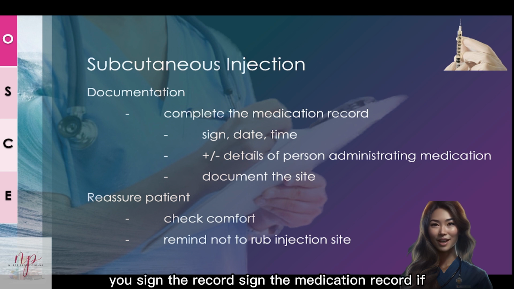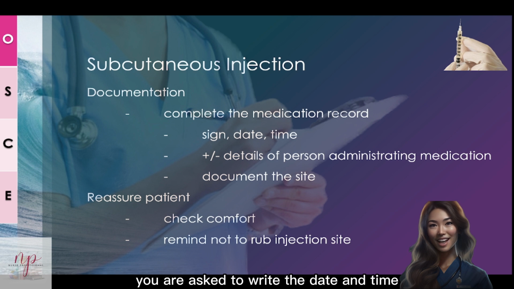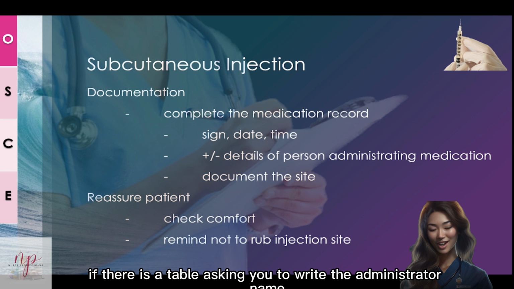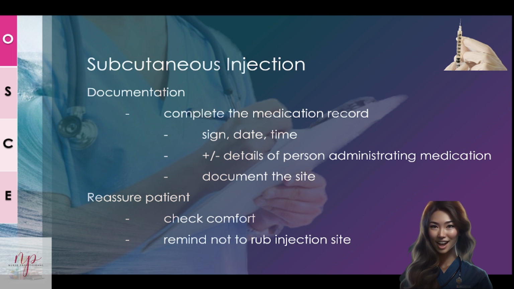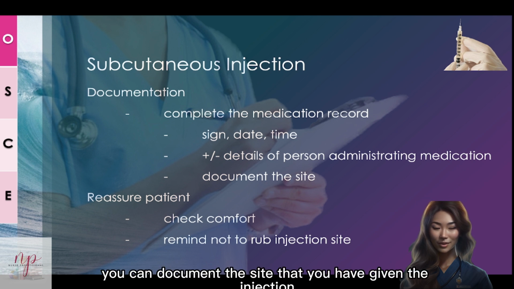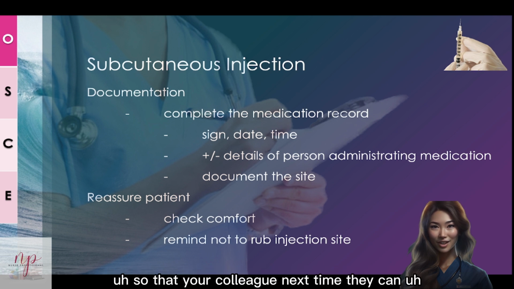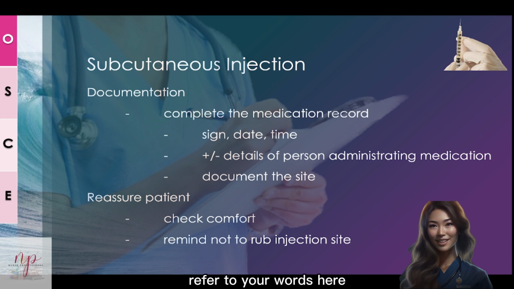You sign the record, sign the medication record. If you are asked to write the date and time, please remember to write it. If there is a table asking you to write the administrator name, please write it. And then if there is other space, then you can document the site that you have given the injection, so that your colleague next time can refer to your notes and do some site rotation.